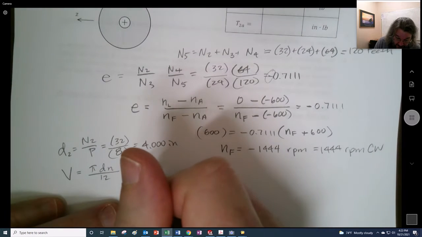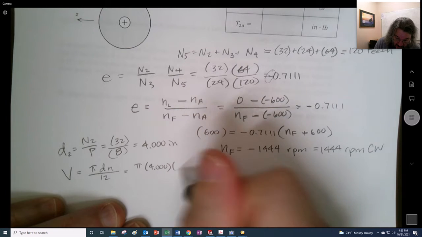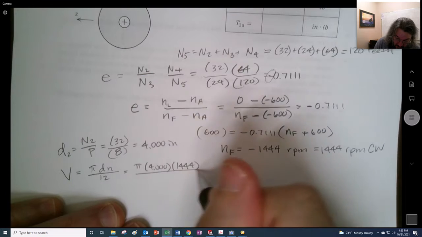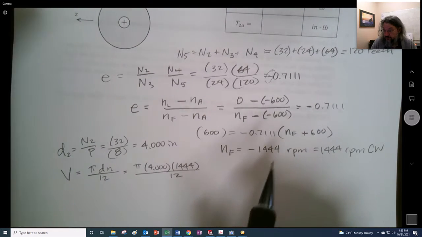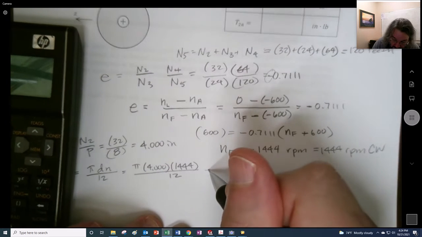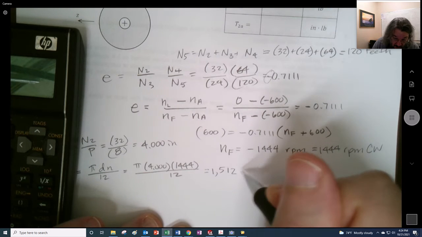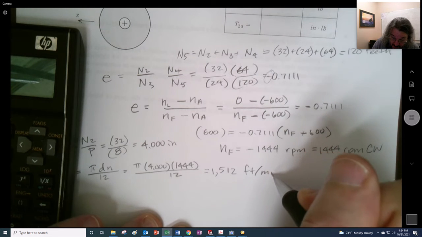And so we're left with pi times 4 times 1,444 divided by 12, and do I get 1,512? And these are feet per minute.